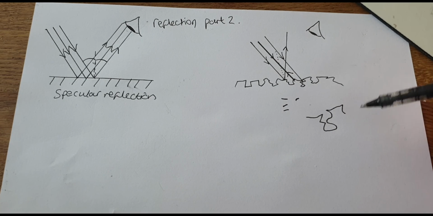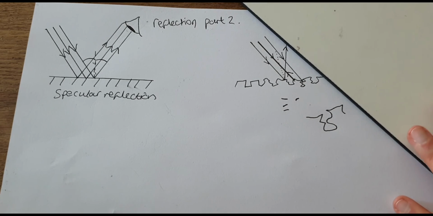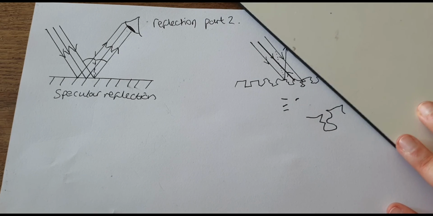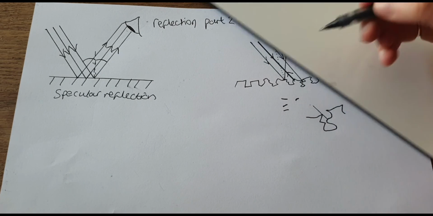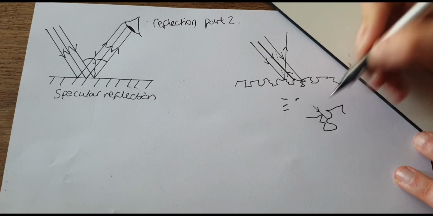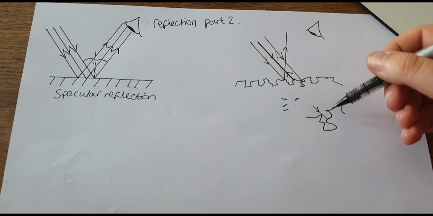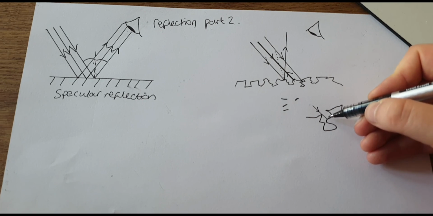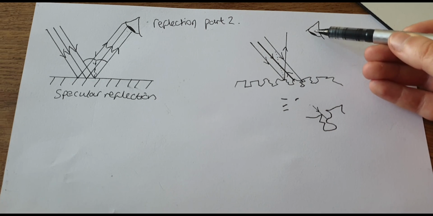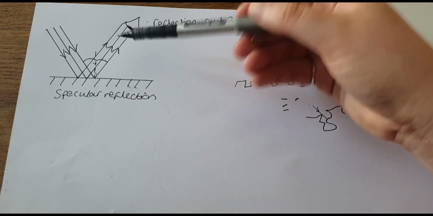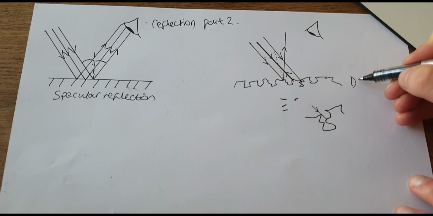Kind of looks like this, and my incoming ray is coming in like that. So again, when this one reflects off, it's going to be at a bit of a weird angle, and it's not going to all reflect straight back into the eye quite like it did over here for specular reflection. So this one is diffuse reflection.